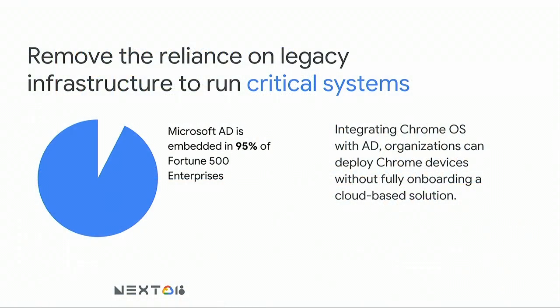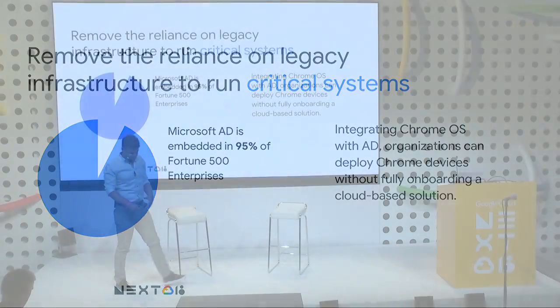So depending upon where you are in your path to cloud adoption, many organizations, maybe even your own, are still reliant on some degree of legacy enterprise infrastructure to maintain certain key aspects. And one of the most difficult ones to migrate to the cloud is that of enterprise and security management.